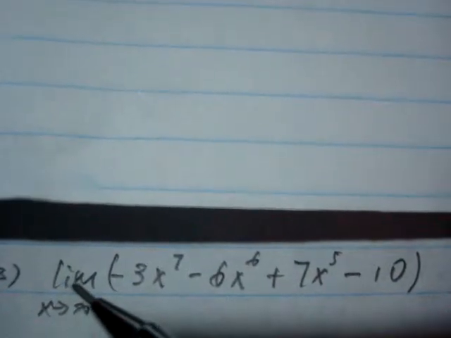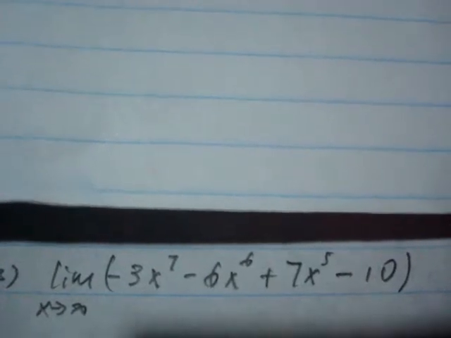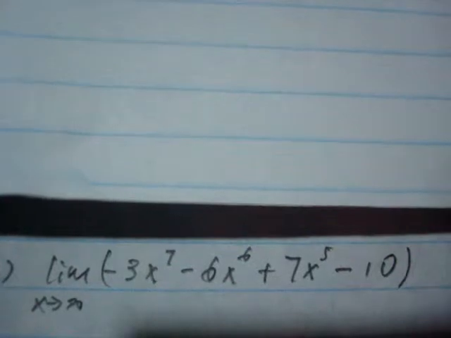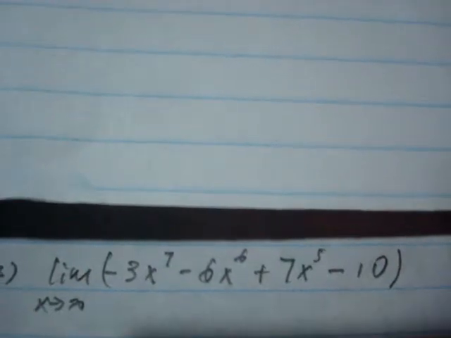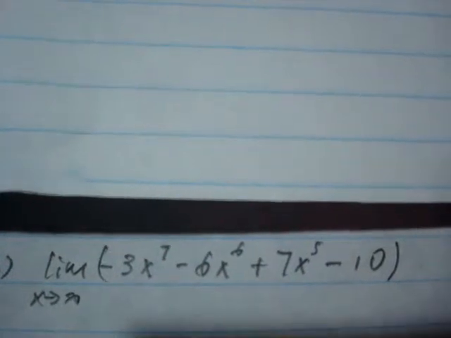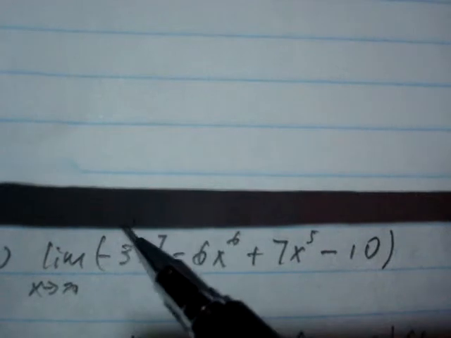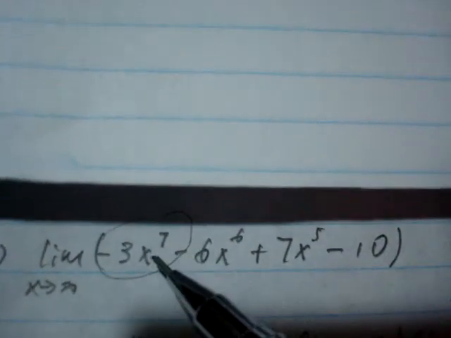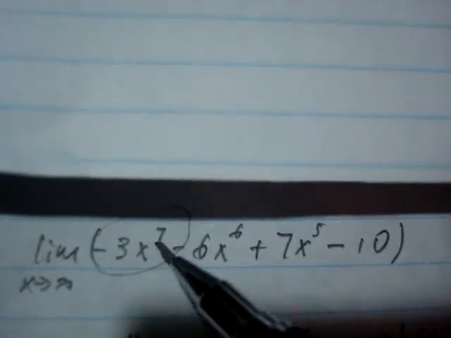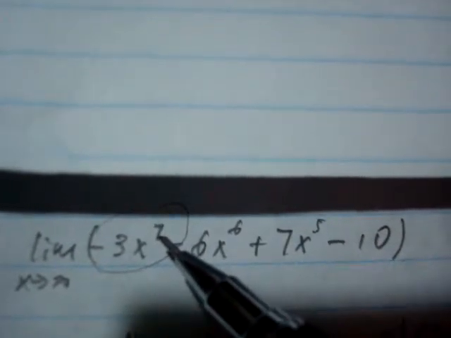So to calculate the limits of this polynomial, the first thing you need to do is to identify the leading term. The leading term is the same thing as the highest degree term of this polynomial. So the highest degree for this polynomial will be this one right here, because it's raised to the 7th power, which is the highest degree of this polynomial.